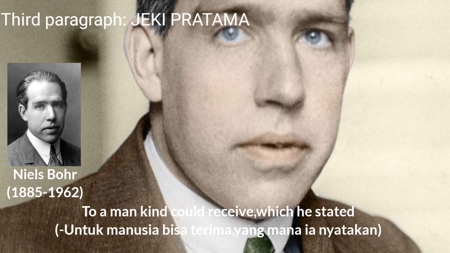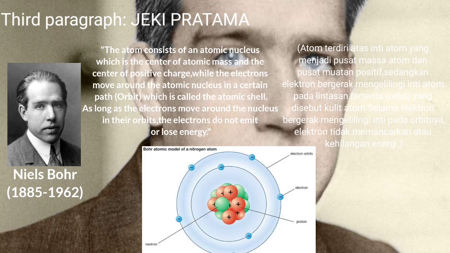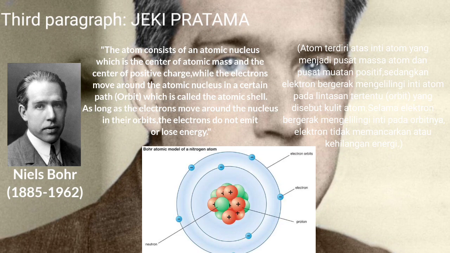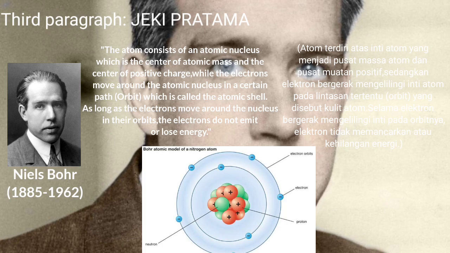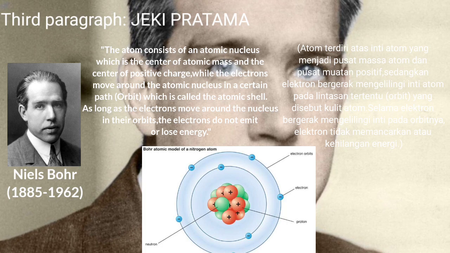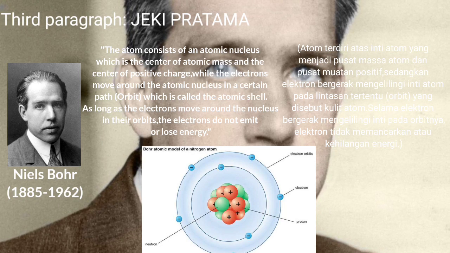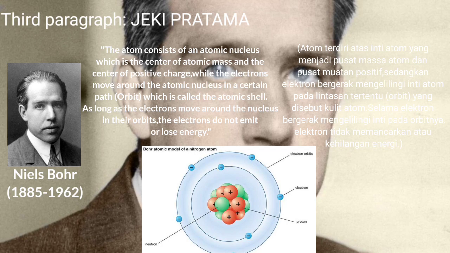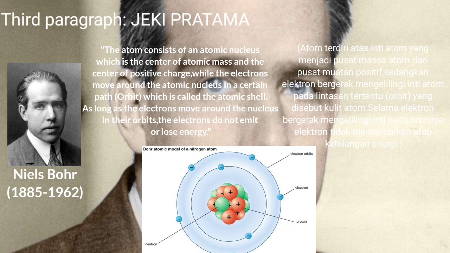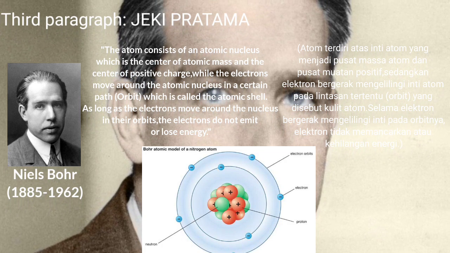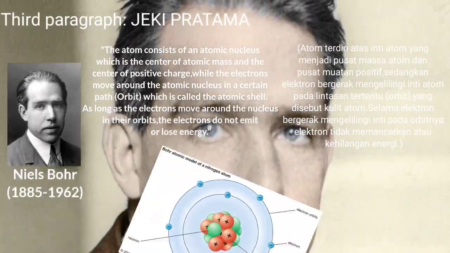He states that the atom consists of an atomic nucleus, the center of positive charge, while the electrons move around the nucleus in certain paths, or orbits, which are called atomic shells. As long as the electrons move around the nucleus in their orbit, electrons do not emit or lose energy.